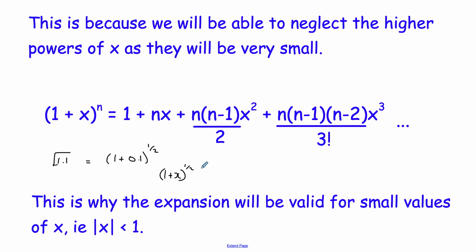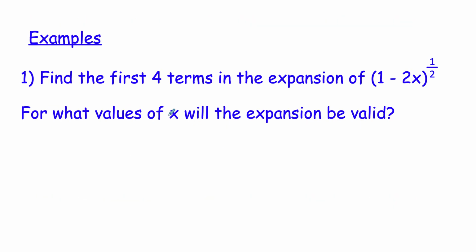We do that expansion, and then into the right hand side, into the answer side, we'd substitute 0.1 and we'd get a number. The idea of this is that we would reduce the use of the calculator. I know that we can type the square root of 1.1 into the calculator, but that's not always been possible. So let's have a go at a couple of these, or I think I've got one question like that.